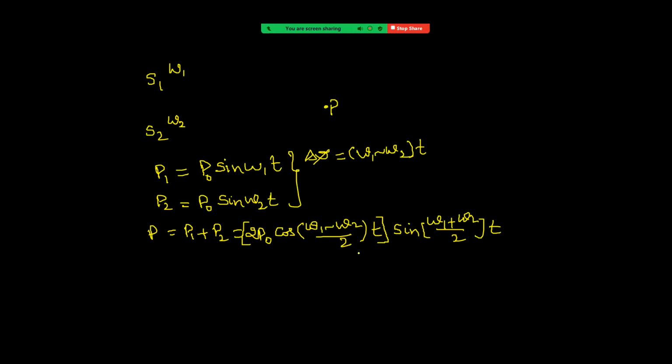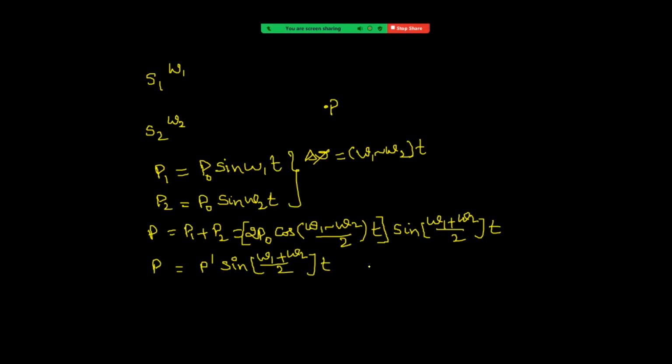For this function, frequency is (f1 minus f2) by 2. Let us do one thing. I am writing this as p equal to some p dash sine of (omega 1 plus omega 2) by 2 into t.